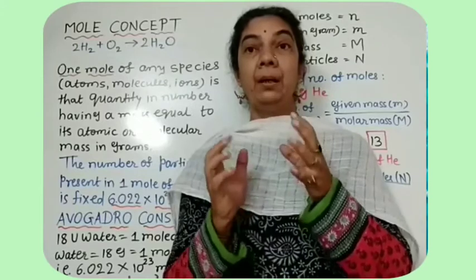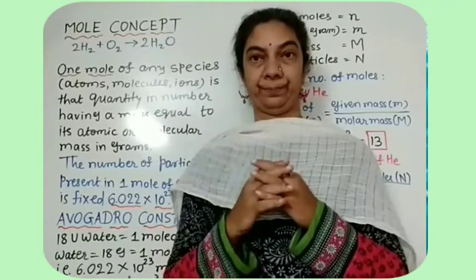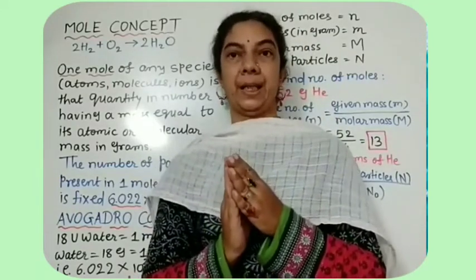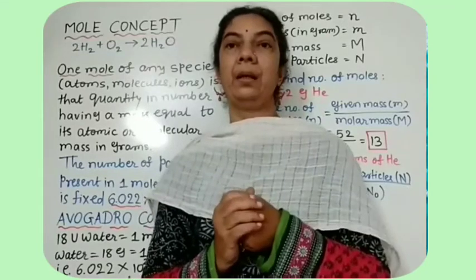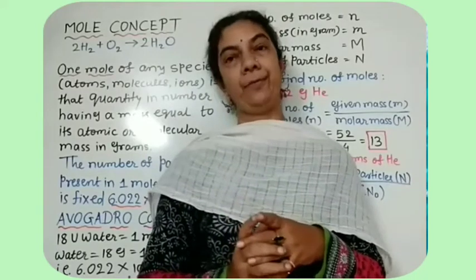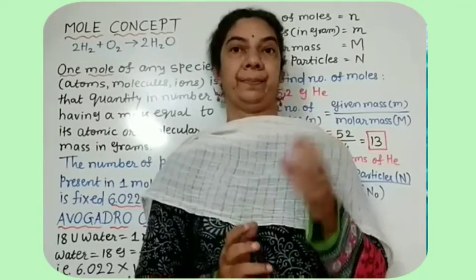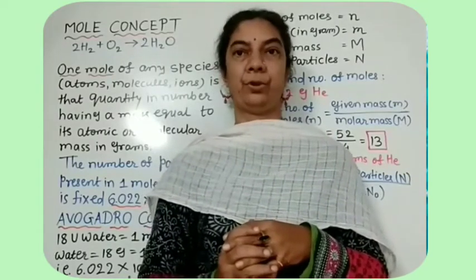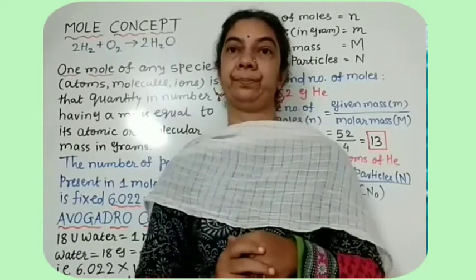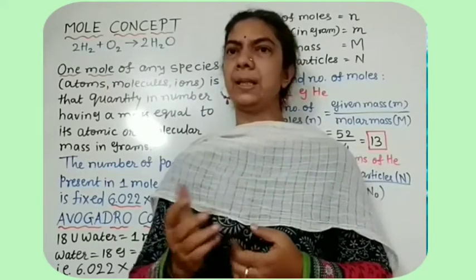But how many atoms are combined to make 1 mole? To understand this, let us take one practical example of another unit which we are using in day-to-day life. For example, dozen. We are used to 1 dozen pencils, 1 dozen bananas, 1 dozen gift articles. What is this dozen?